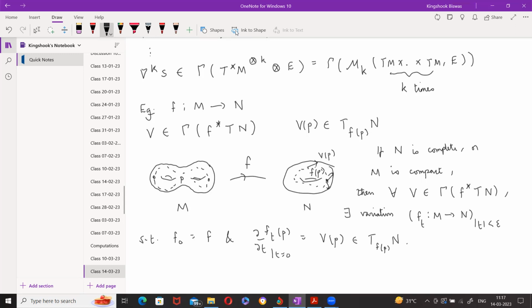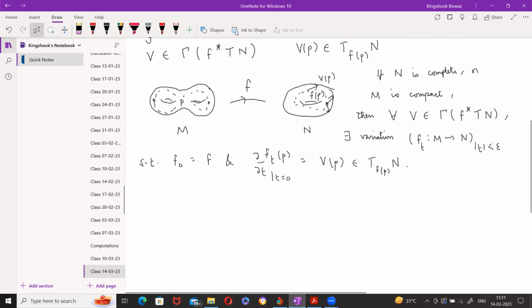All right. So how do you get this variation? You simply put F_t of P to be the exponential map based at F of P in N applied to t times V of P. Is this clear?